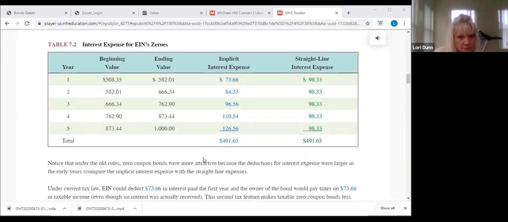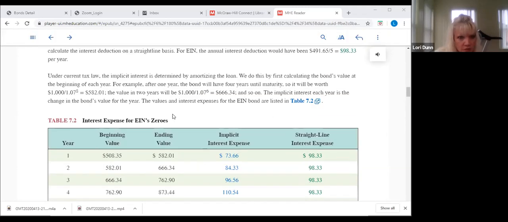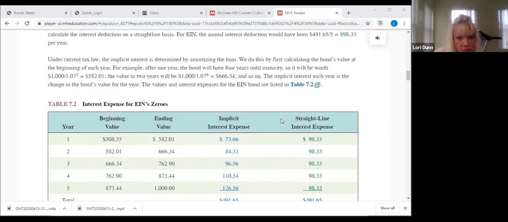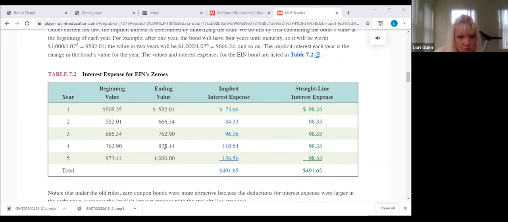But the assumption here is they're using what looks like semi-annual compounding.